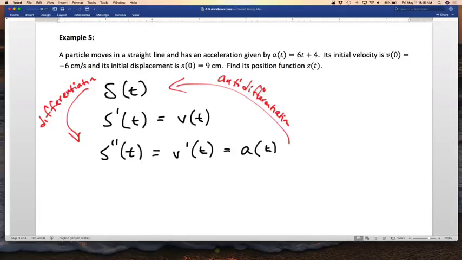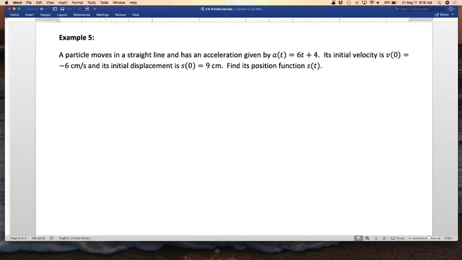So we know a of t, they give us the acceleration function is 6t plus 4. So if we know a of t, we have the second derivative of the position function. So we could also write, instead of just a of t, s double prime of t. So we want to work backwards, just like we did in that last example.